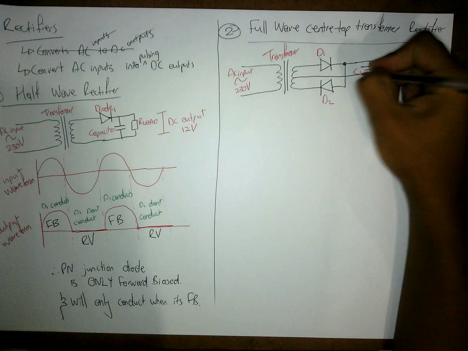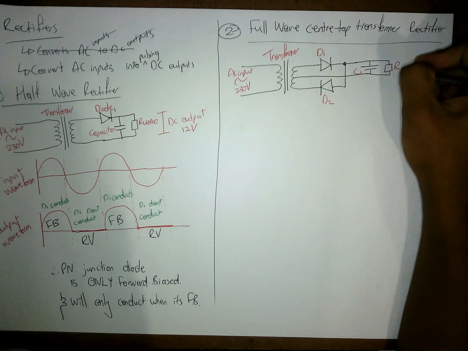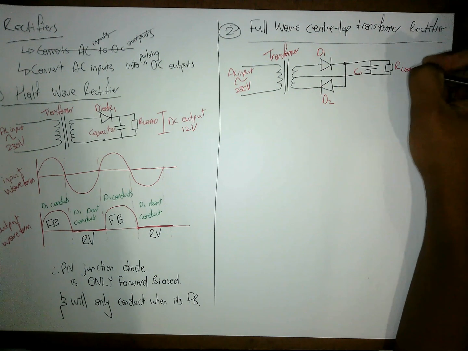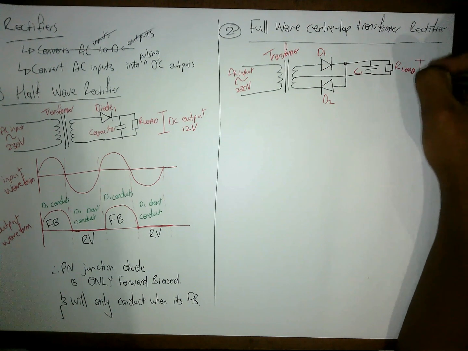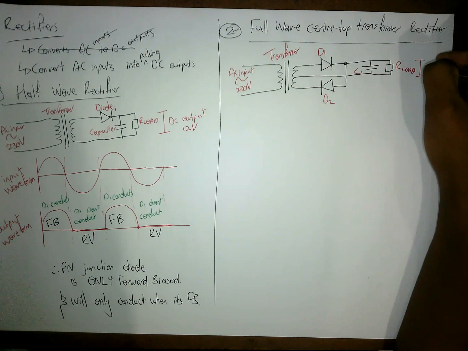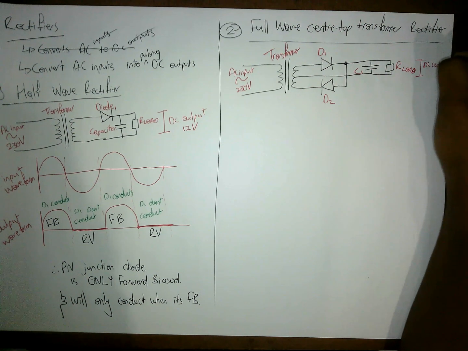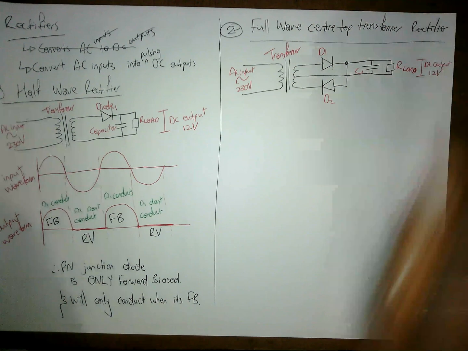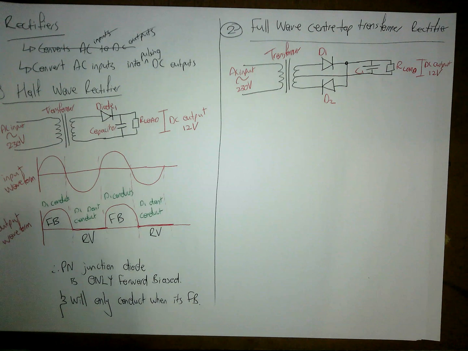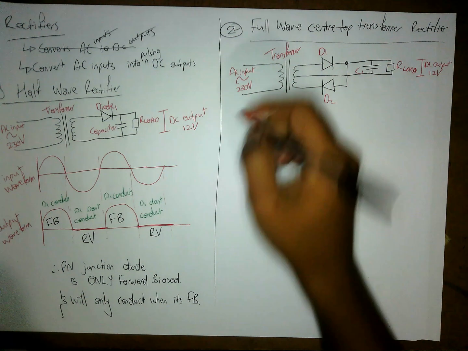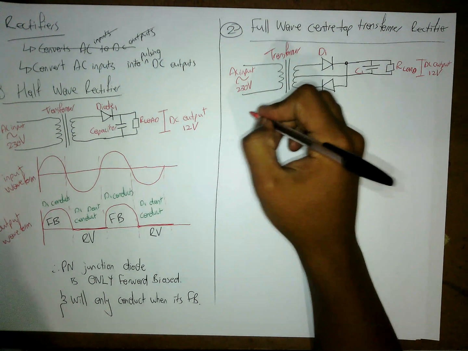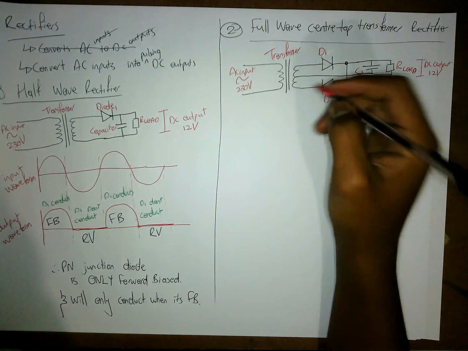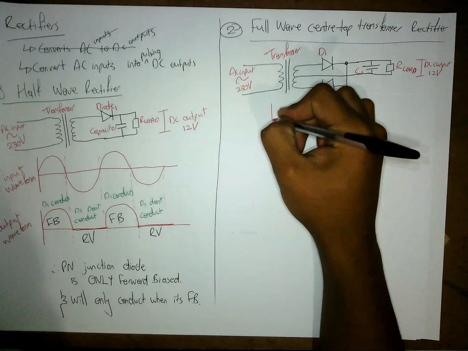Our capacitor and then our resistor with our load. Then across this, it is our DC output, our 12 volts. Okay, so again, we get our waveform. We're trying to fit both in. So we have this waveform.